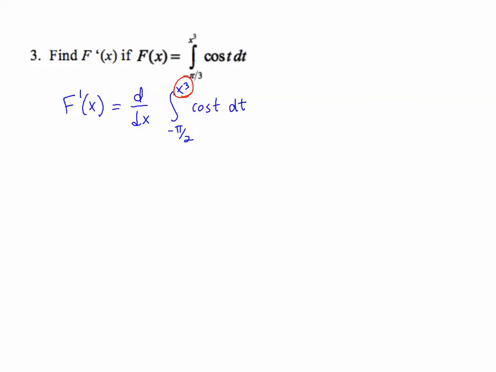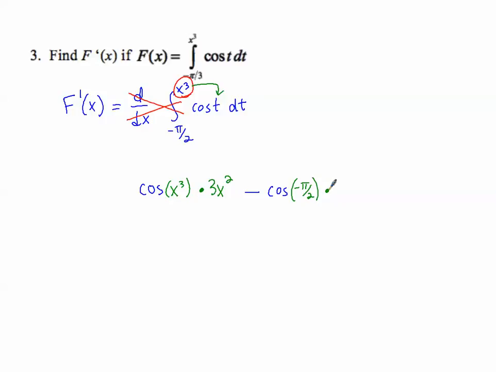Back to number 3, here we do have to worry about this chain rule. So let's go ahead and apply it. Derivative of antiderivative, inverse processes. Leaves me with just cosine of t, but I'm plugging in the x cubed where the t was. So cosine of x cubed, and then times the derivative of what I plugged in, 3x squared, minus cosine of lower limit, negative pi over 2, but times the derivative of that.